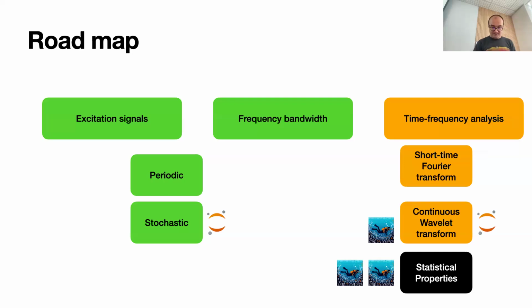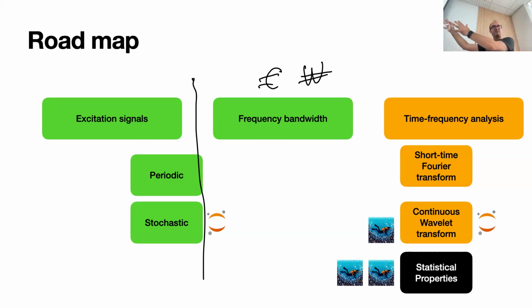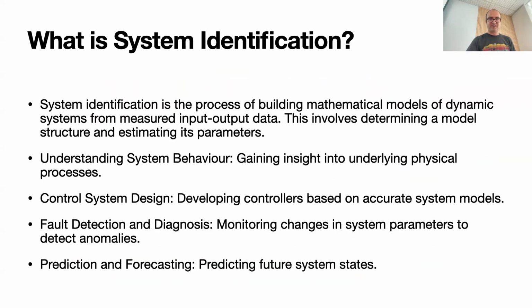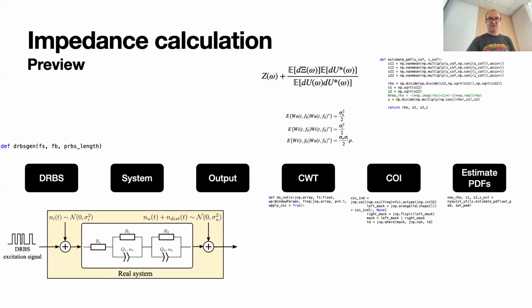So now we have discussed the signals, the frequency bandwidth and the money, the signal, the symbol. We discussed this while calculating all the bits, the bytes and everything. Now we have an excitation signal. So if I go back to the first slide, sorry for that.